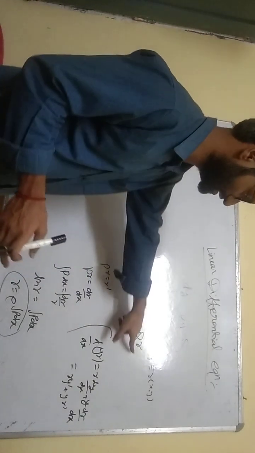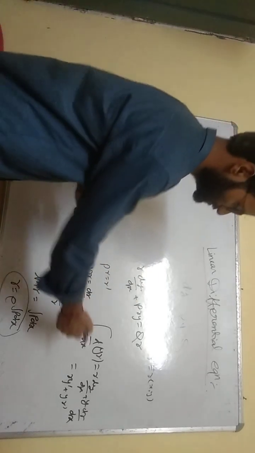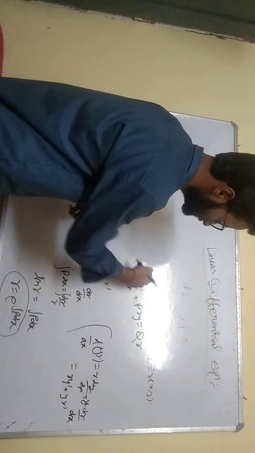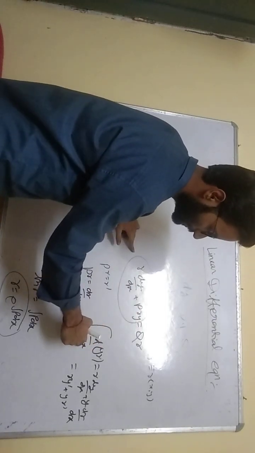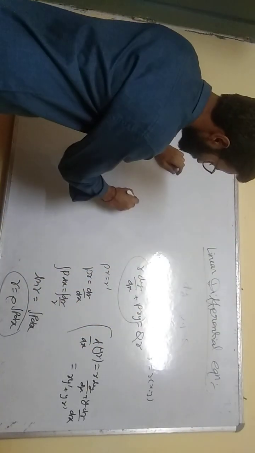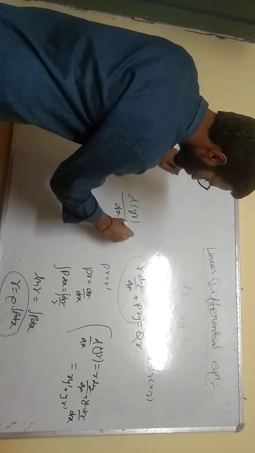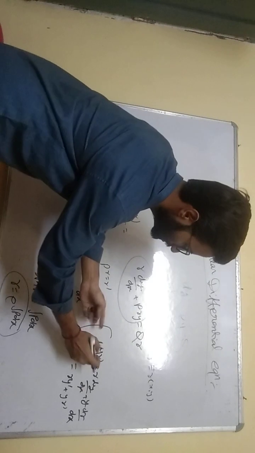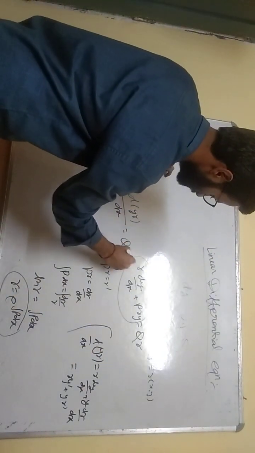You can directly say dx, but it is a little bit difficult. So this whole side will be equal to d of y r upon dx. This whole will be equal to d of y r upon dx, and this will be equal to q r.